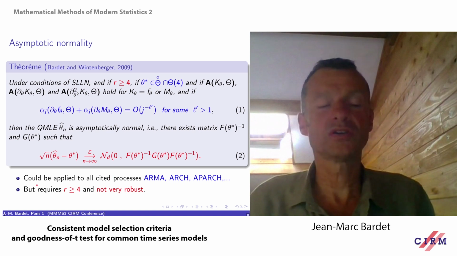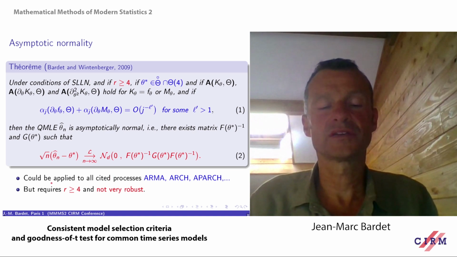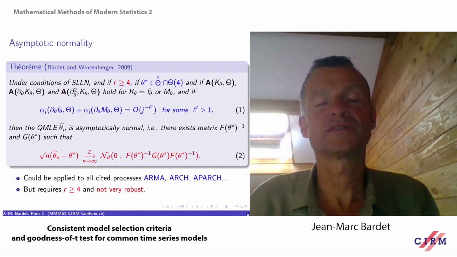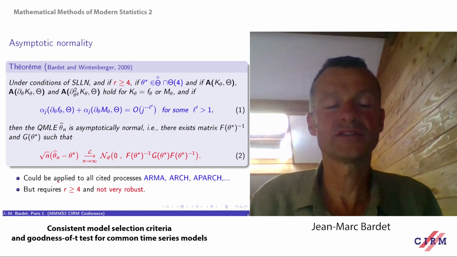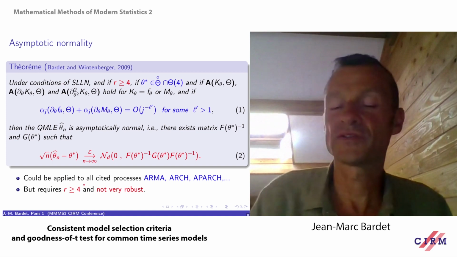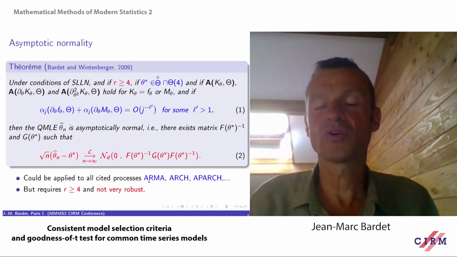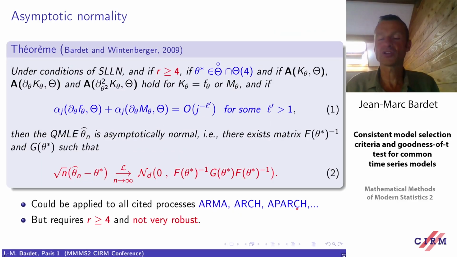So all these theorems, this asymptotic normality and strong consistency, could be applied to ARMA, to ARCH, to APARCH processes. Why? Because in such a case, we have the Lipschitzian conditions, and the decreasing rate is an exponential rate. That is, it decreases exponentially fast.